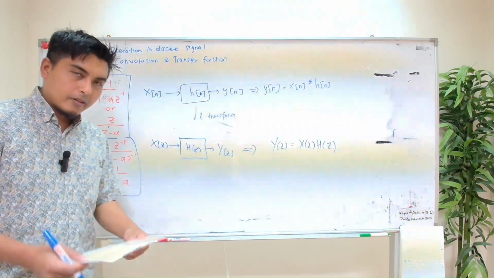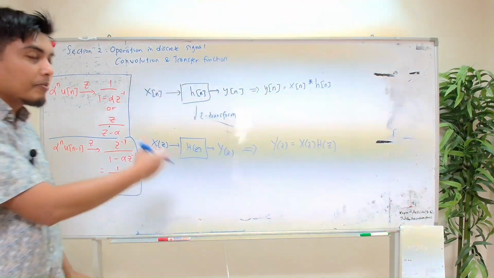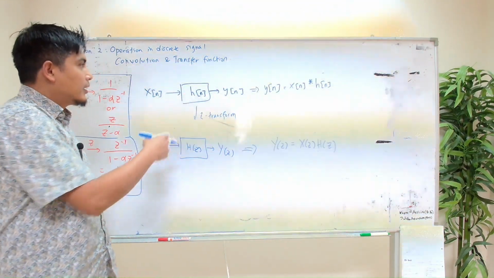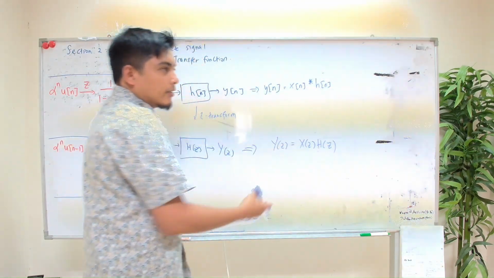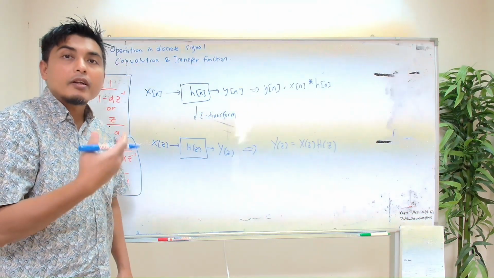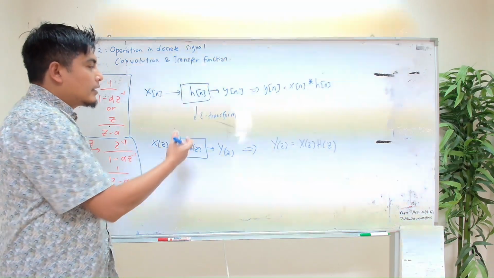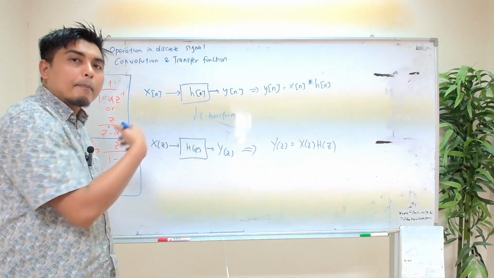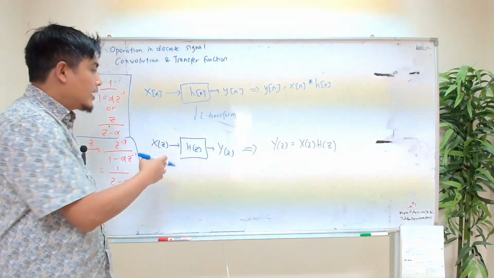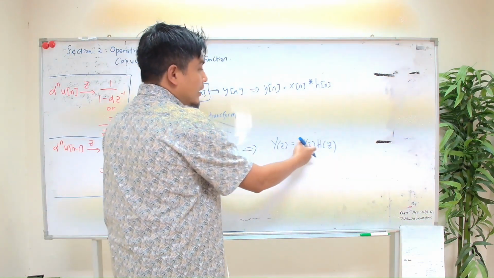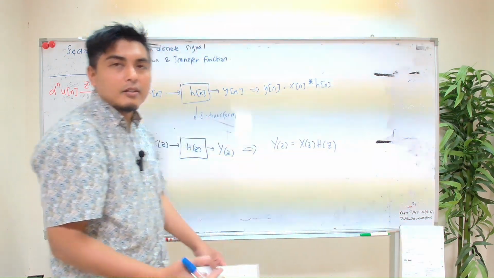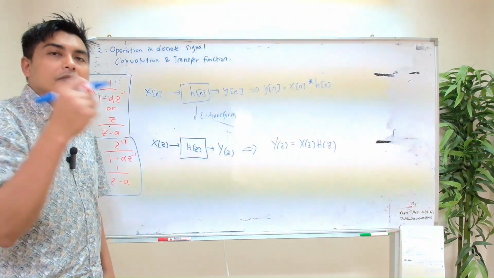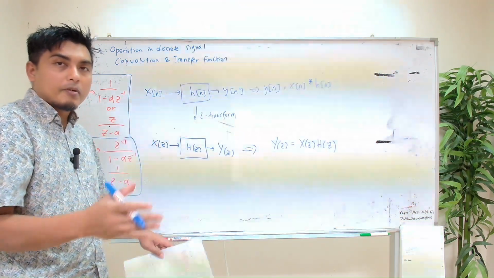That's all. Okay? It's also similar with the Laplace. If you try to solve it in the time domain, it's very difficult, and that's why you convert to the Laplace transform. Similarly, you get Y(s) equal to X(s) multiplied by H(s), and you get the answer. So the benefits of the Z transform and Laplace are comparable.